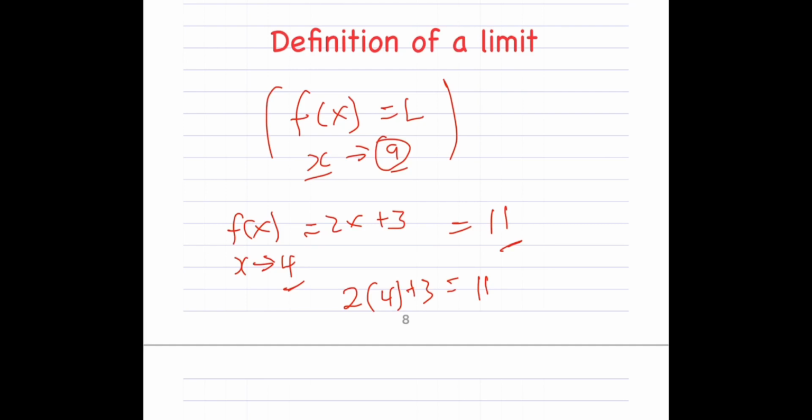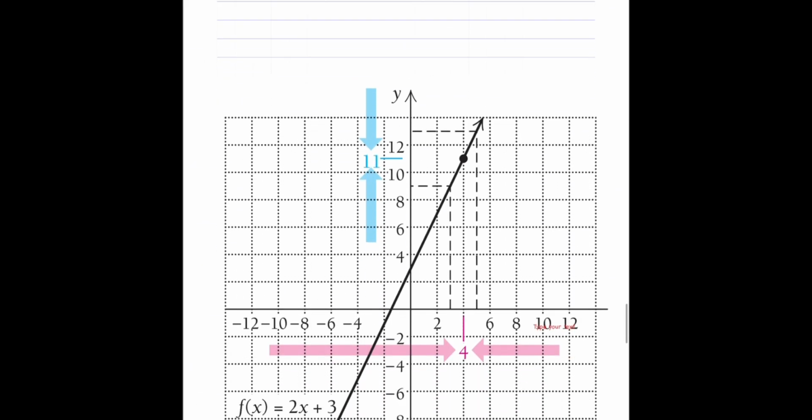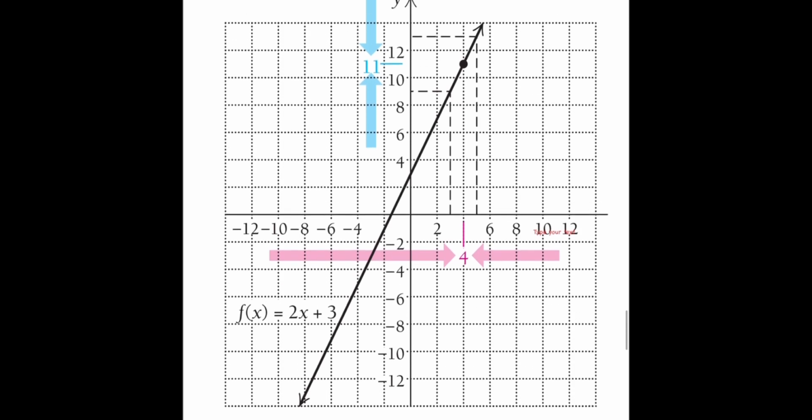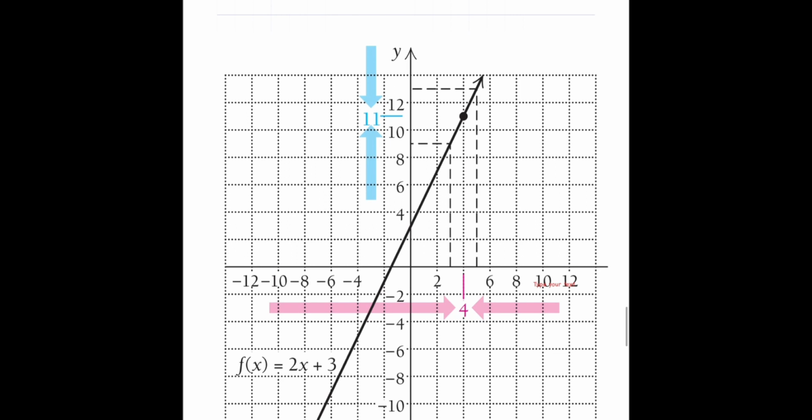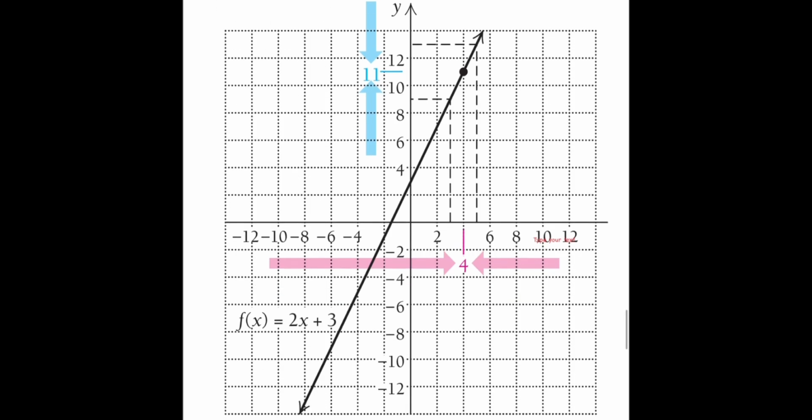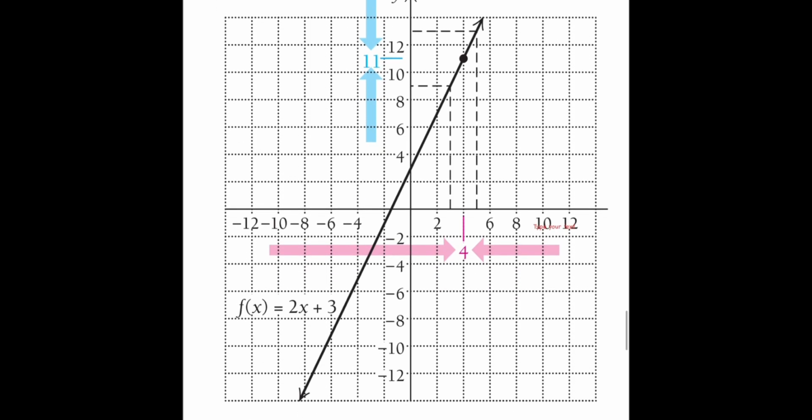So let's look at this graph to aid in our understanding. This graph was picked from one of the calculus books called Bass Calculus, and you can refer to it for more details. Based on the example provided, f of x equal to 2x plus 3, this is the graphical view of the function.